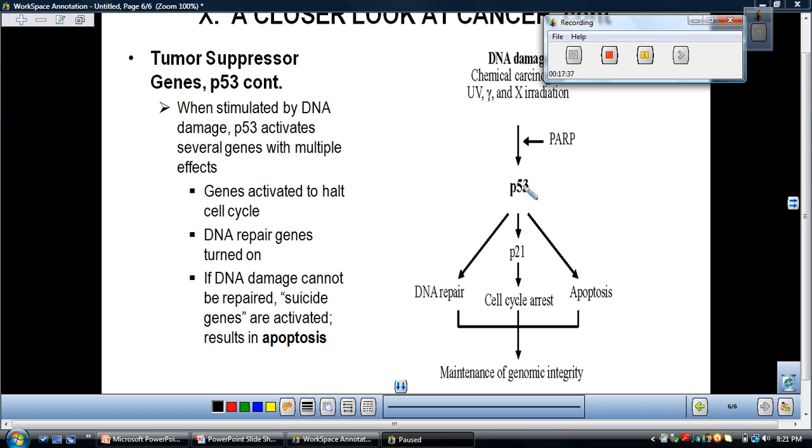So hopefully one of these routes will happen. P53 can either initiate DNA repair, it can prompt P21, which can stop the cell cycle and also help repair DNA, or if that can't happen, then it will program the cell to go through cell death. And so it's known as the guardian angel because it can do all of those things, and that's what you see listed over here.